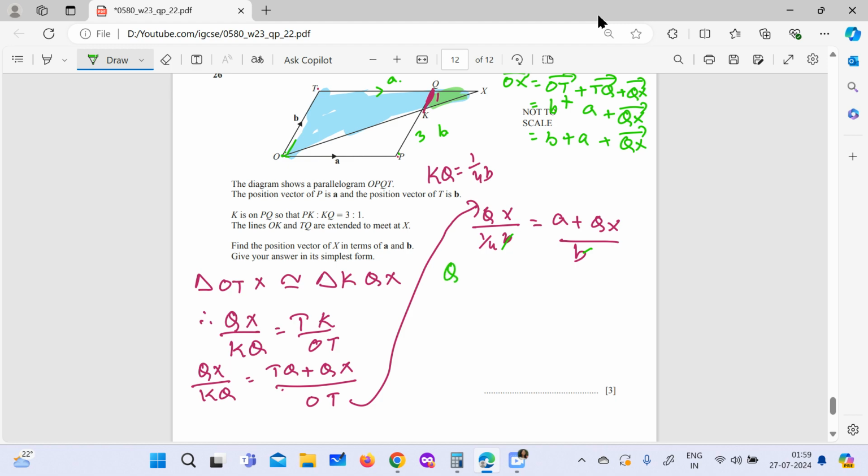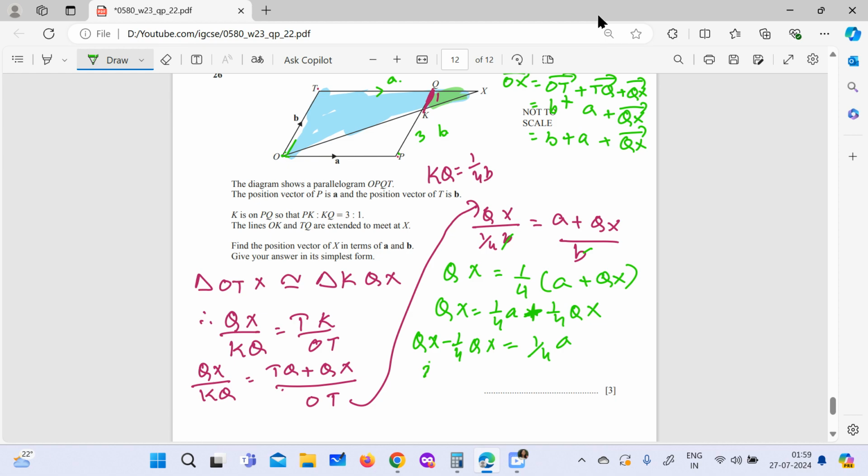We can write QX equals 1 over 4 times A plus QX, so QX equals 1 over 4A plus 1 over 4 QX. Bring it to this side: QX minus 1 over 4 QX equals 1 over 4A. And then we solve it.